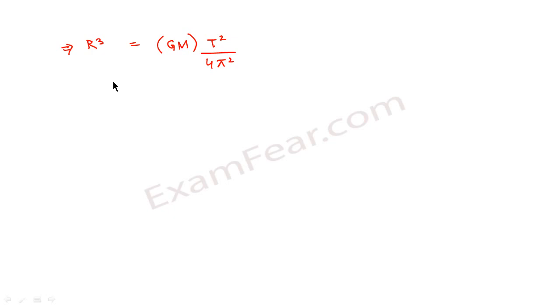We also know that acceleration due to gravity, that is g, is equal to G M divided by re square, right? So instead of GM, we can replace it with small g into re square.